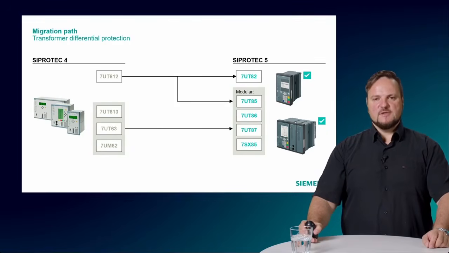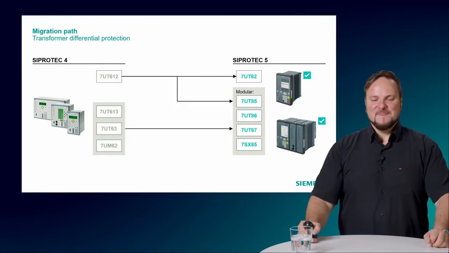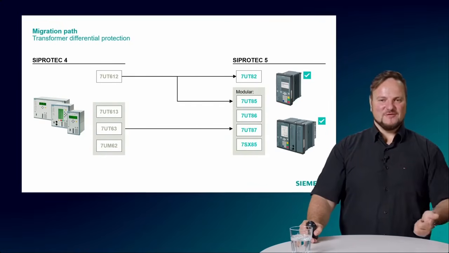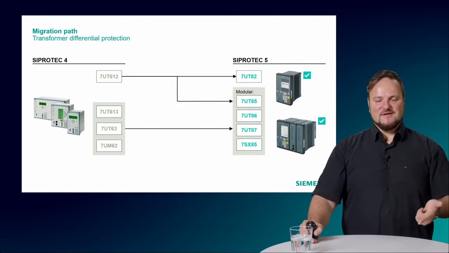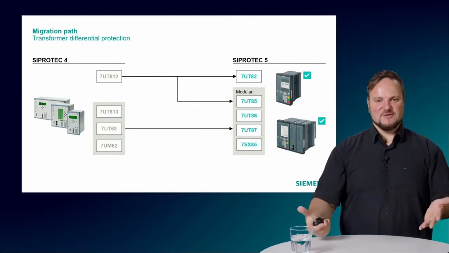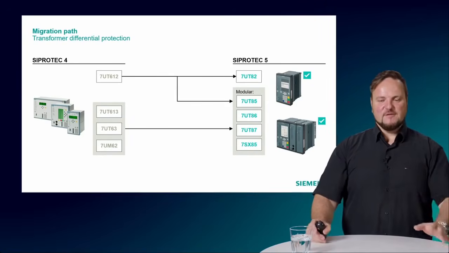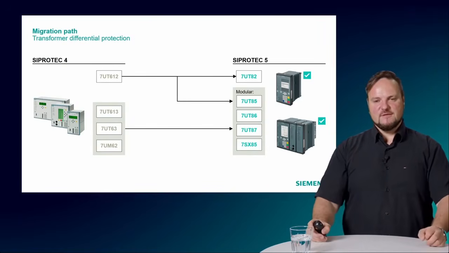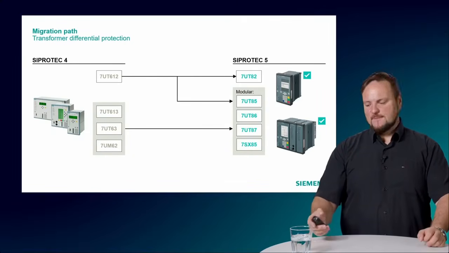With this device you are much more flexible than with the 7UT. You can run this device as an overcurrent device, line differential, distance protection, or transformer protection. It can be used for motor protection, generator protection, and so on. So you have the choice of different device types as you need, especially for your application.